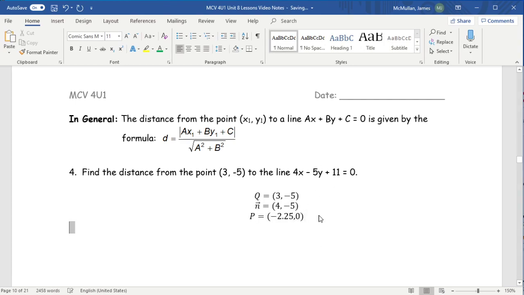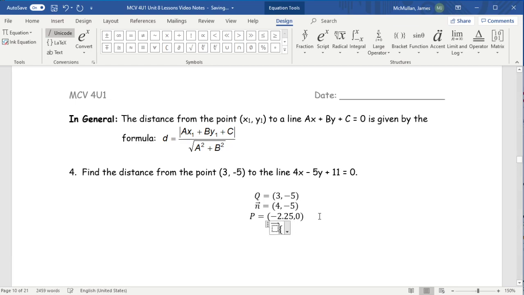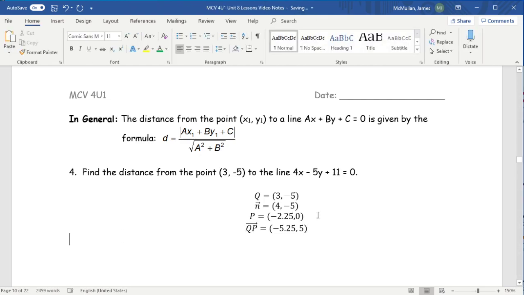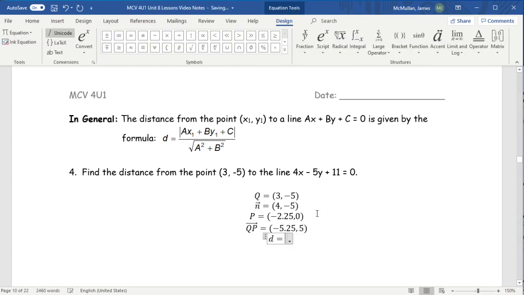Okay, so I have this. So vector QP would be equal to, how do I get from Q to P? I'd have to go -5.25 in the x and positive 5 in the y. The answer to my question, the distance, would be equal to, I project onto vector n, vector PQ, and just put the P there.